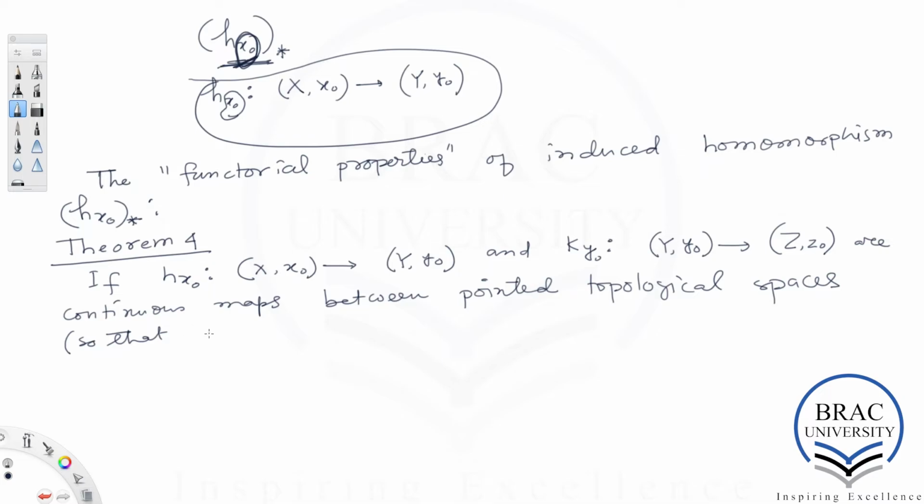these things need to hold. y0 is equal to h sub x0 of x0, and z0 is equal to k sub y0 of y0.